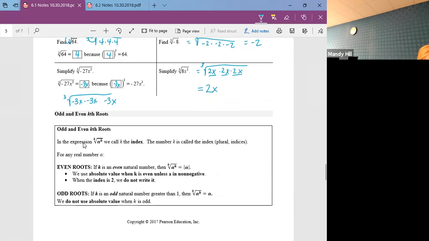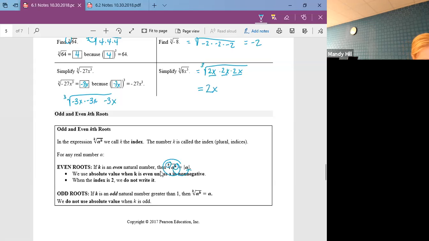Okay, in the expression, the k-th root of a to the k, we sometimes call the k the index. The number k is called the index, plural indices, for any real number a. If we've got even roots, if k is an even natural number, and these match, then the answer is going to be the positive of whatever a is.